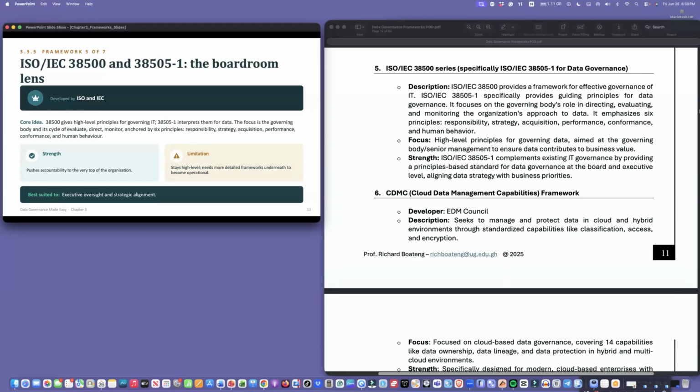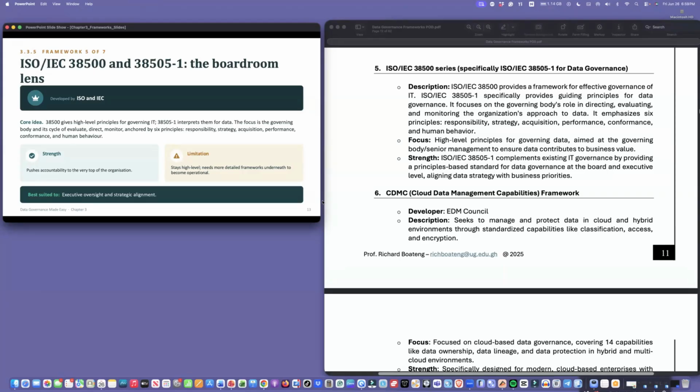So by the time the board has finished, when they approve these things, there is direction for the organization, there's approval. With some of the other frameworks, you have to finish, then discuss it with the board, and try to sell it to the board that we need a number of dollars to buy a number of compliance tools to ensure that we are compliant. However, this is being discussed at the board already.